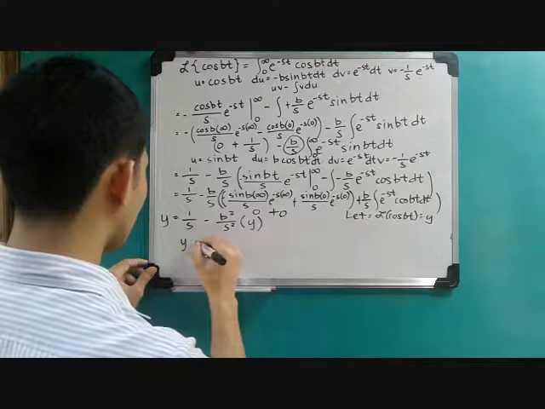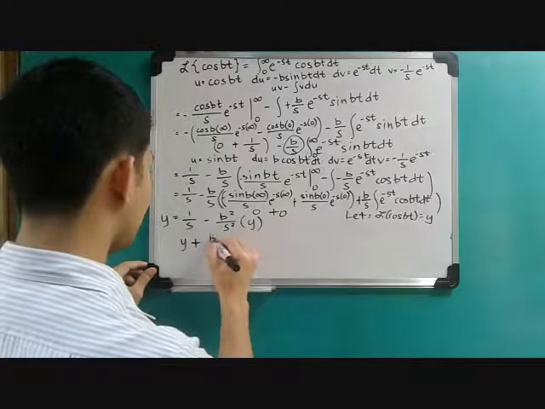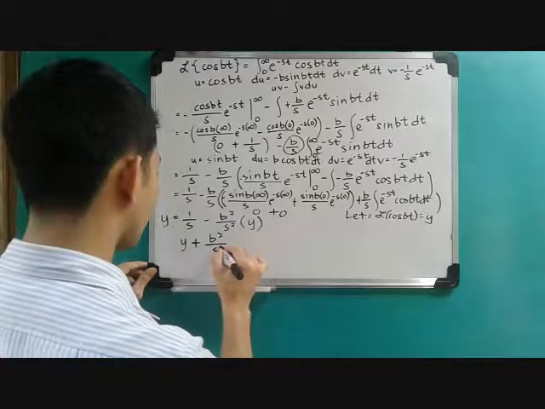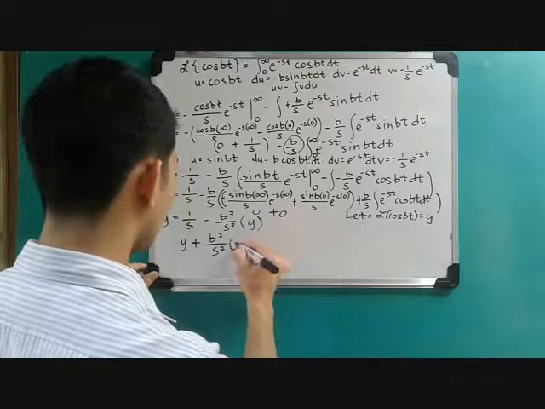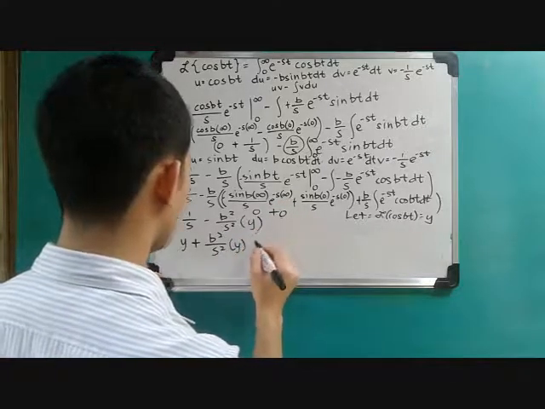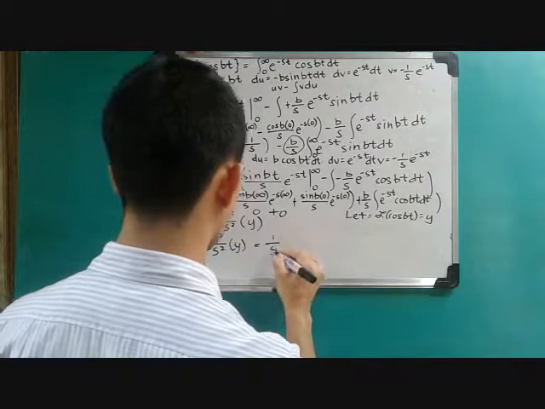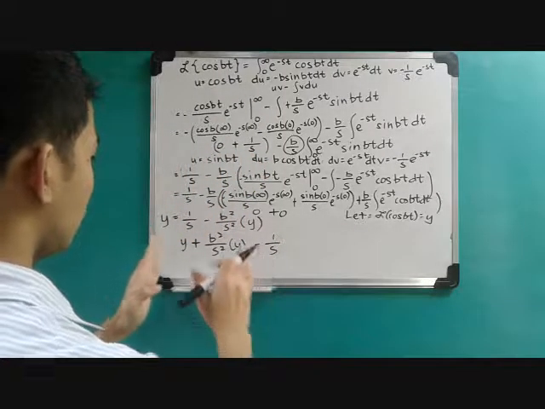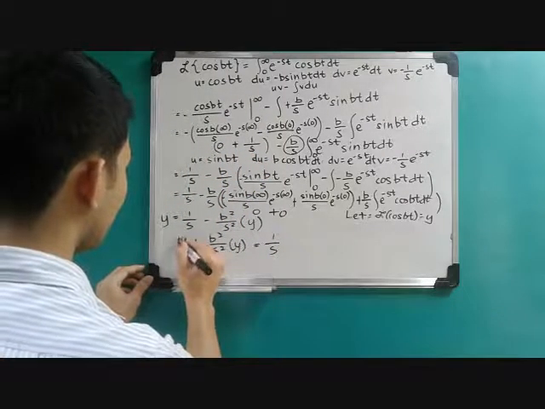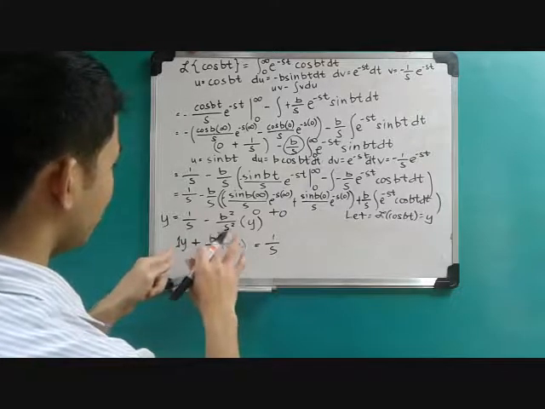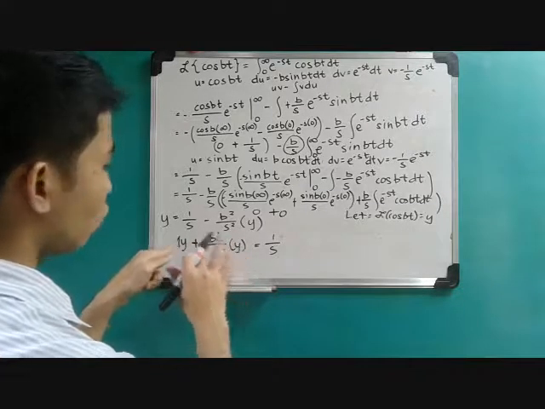So y plus b squared over s squared y is equal to 1 over s. So there's a 1 here, so you can add b squared over s squared plus 1.